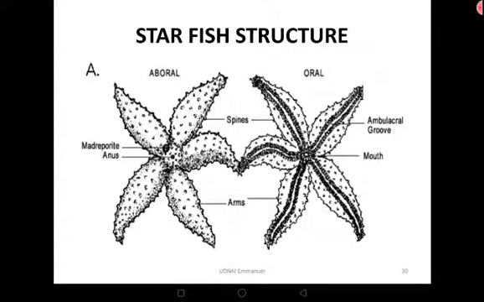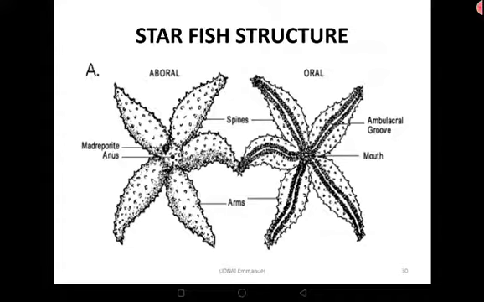So looking at the structure of one of them, the common one, the starfish, you are able to see the anus there on top, and then the madreporite, which is used to equalize the water pressure in the water vascular system of these members. It is where water passes and comes out to equalize the water pressure inside. Then it has the spines there, which is a distinguishing characteristic of this phylum. Having spines on the skin is what we call Echinodermata.